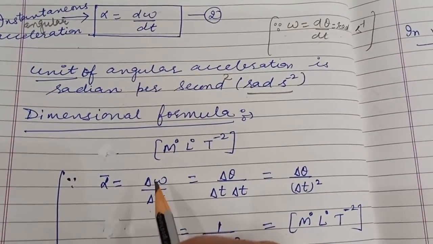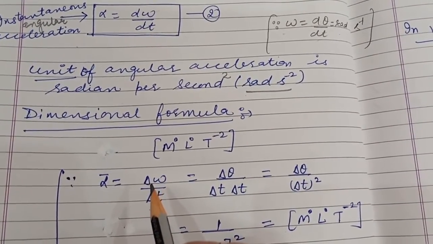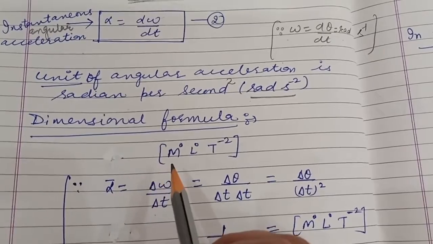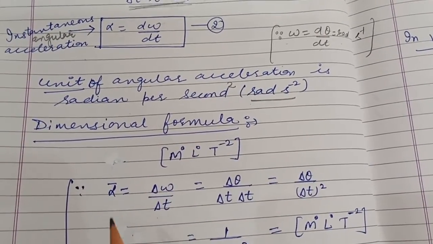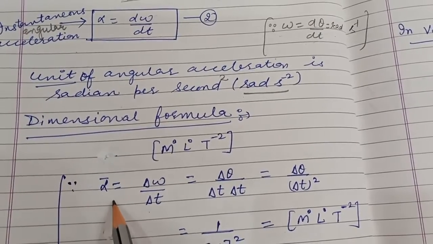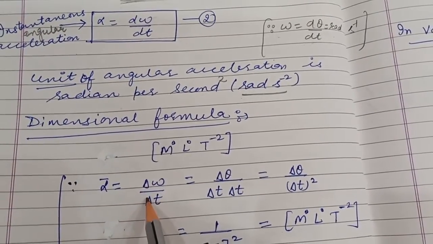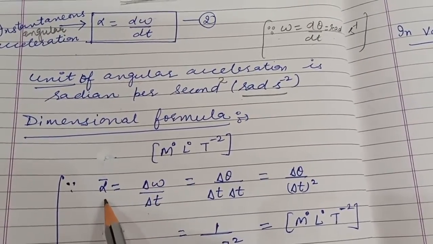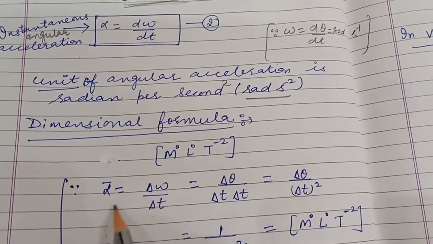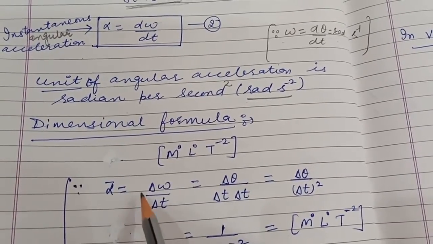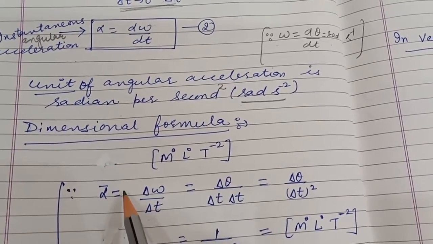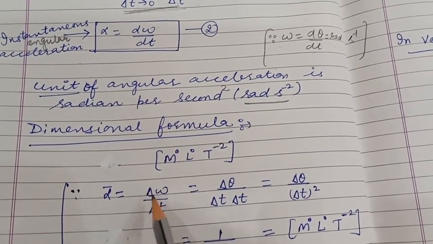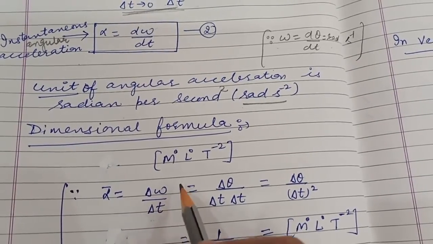Next is dimensional formula. The dimensional formula for the angular acceleration is M0 L0 T minus 2, because angular acceleration is equal to, here we write the expression for the average angular acceleration. So alpha is equal to delta omega upon delta t.